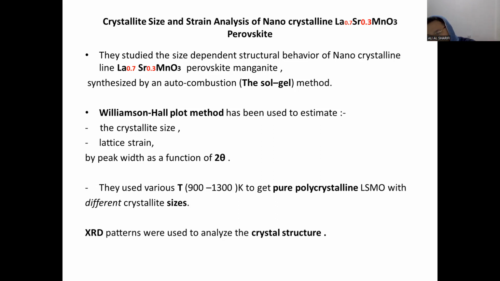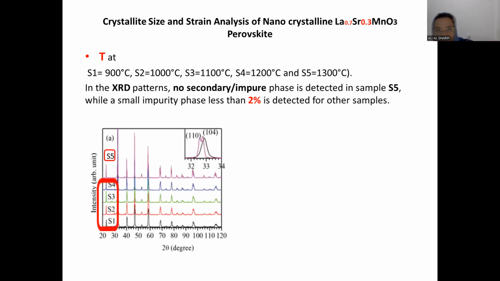We'll explain some other important information on it in the next slides. I will explain that with a clear image to prove these few words. At the end, they used X-ray diffraction patterns to analyze the crystal structure.